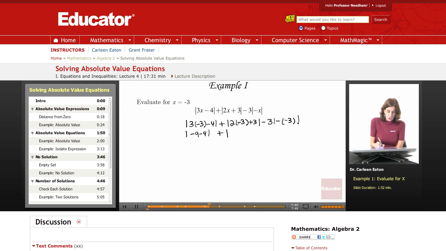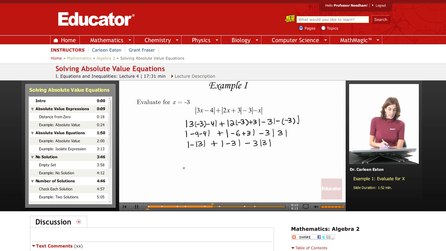Here I have 2 times negative 3, that's negative 6, plus 3, minus 3 times the absolute value of negative times negative is positive. So this is the absolute value of negative 13, plus the absolute value of negative 6 plus 3, which is negative 3, minus 3 times the absolute value of 3.